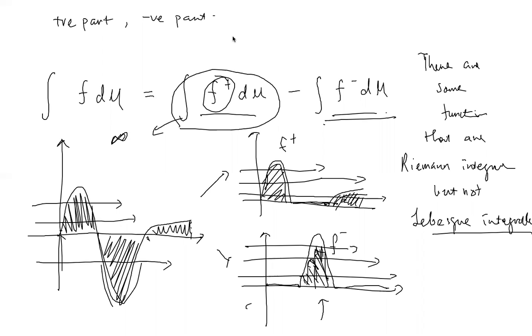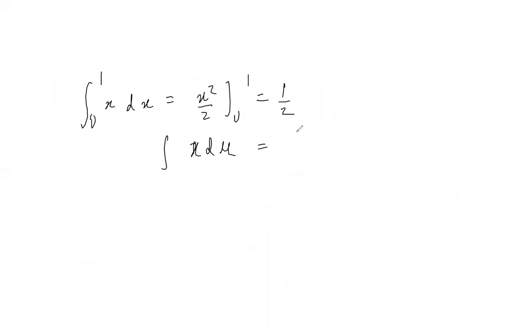Now, most of the time, for well-defined functions, you will use the Riemann integral, and in those situations your Lebesgue integral and your Riemann integral are exactly the same thing. Like for example, the usual case just now, the area of the triangle. If you do the Riemann integral, this is also equal to 1/2.